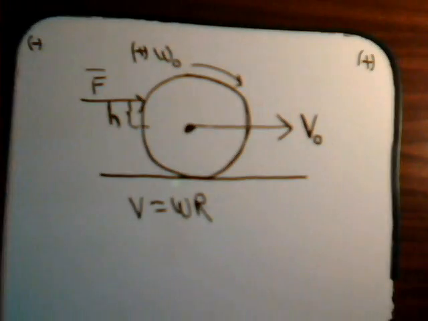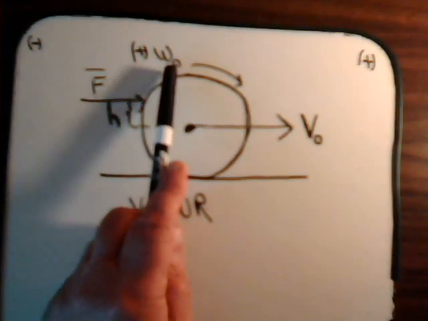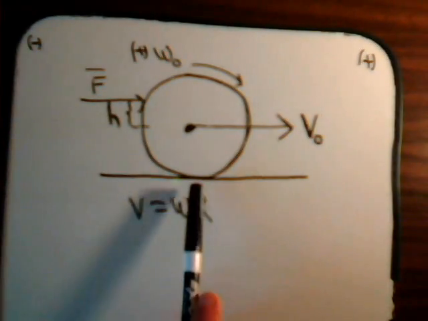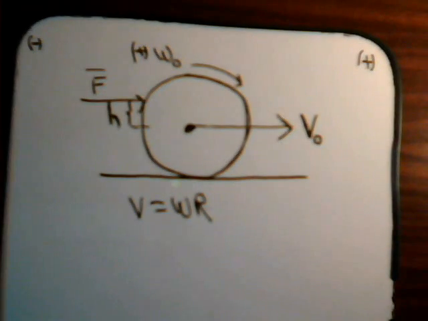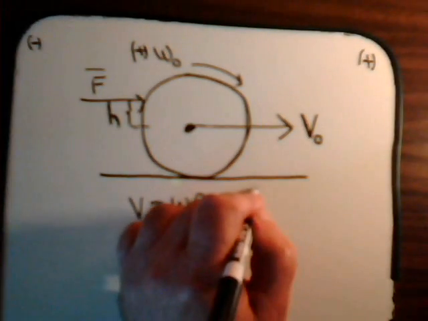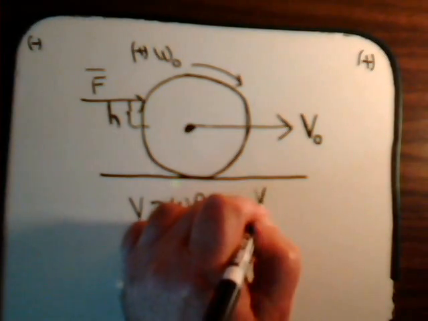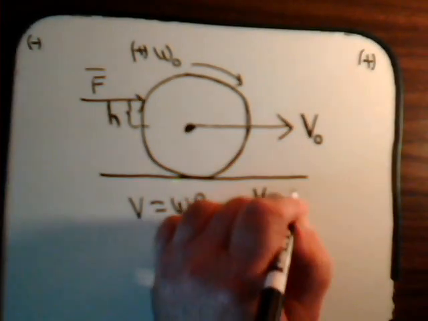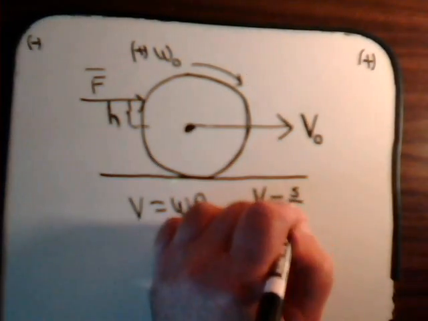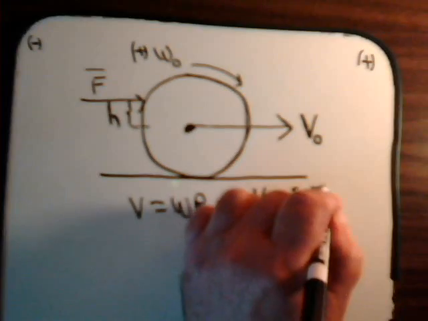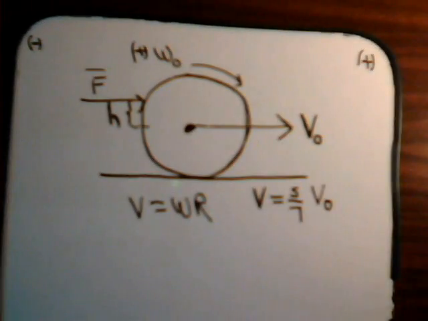But after time, it did develop an angular velocity because of frictional torque acting upon the ball, and then it went into pure roll. When it did go into pure roll, at that time, the linear velocity of the ball was equal to 5/7 of its initial velocity. It was less than the initial velocity.